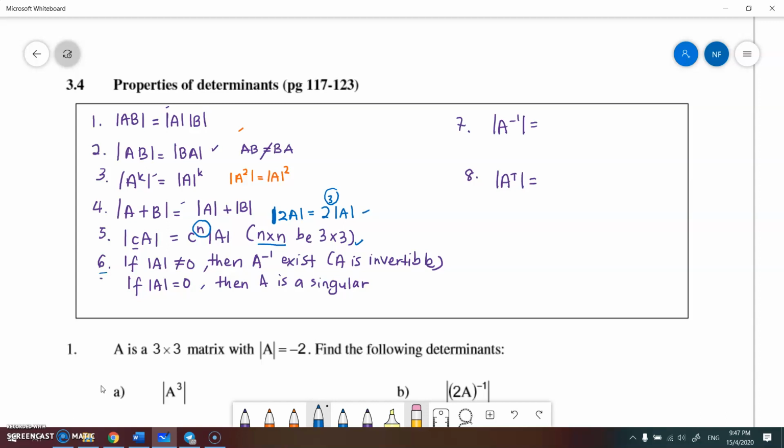Okay, number 6. If determinant A is not equal to 0, then A inverse will exist, which means A is invertible. If determinant A is equal to 0, then A is singular, or we say A is not invertible. A is not invertible means A inverse does not exist.